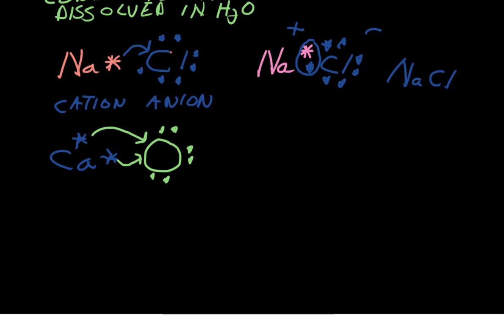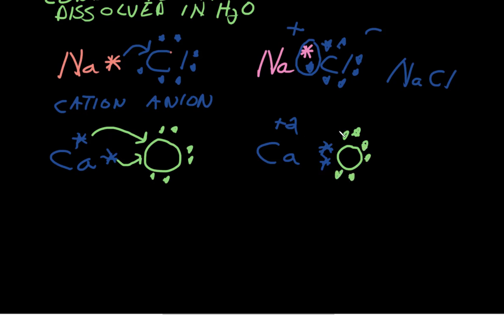So calcium is going to have a +2 charge because it lost 2 electrons, and they went over into the outermost energy level of oxygen. Again, an electron's an electron, it doesn't matter where it comes from.